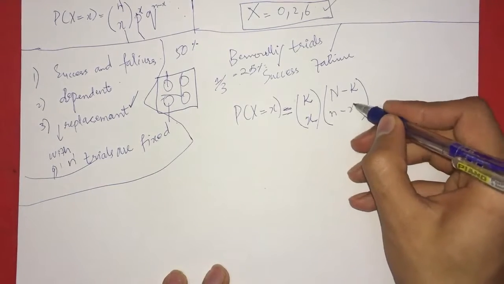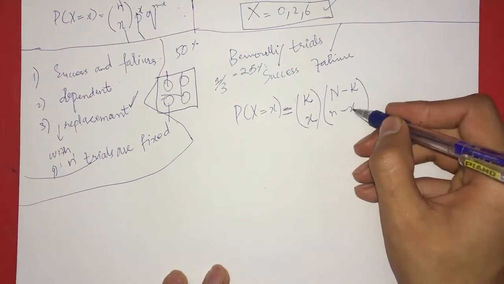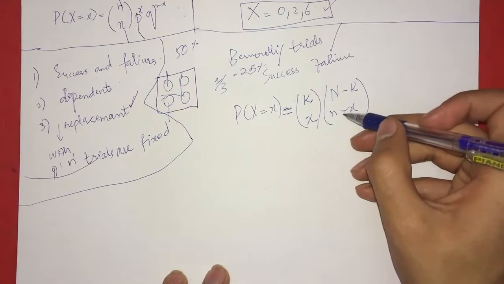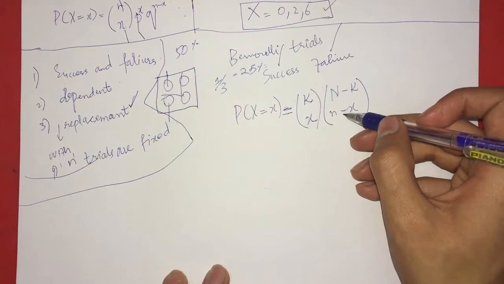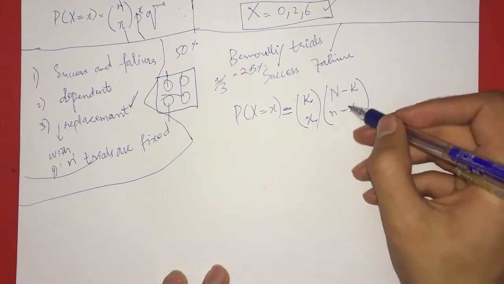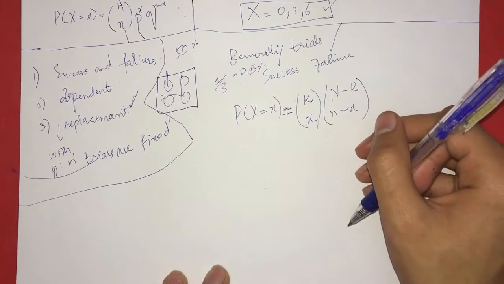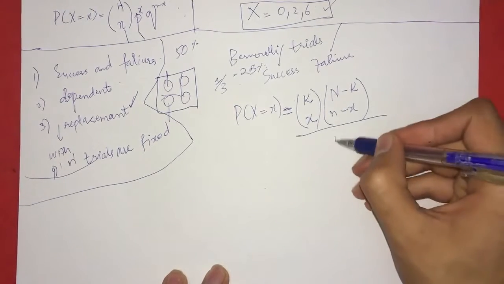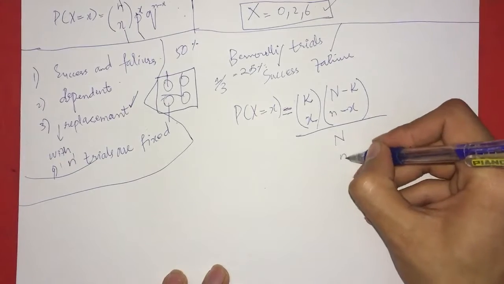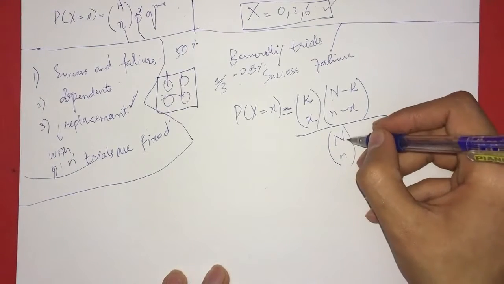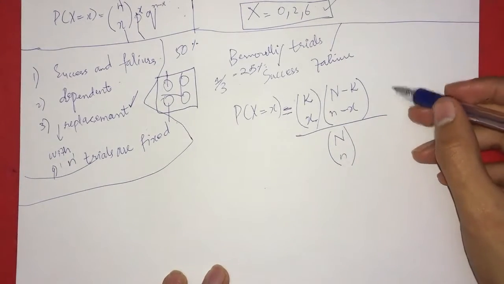And n minus x, n is your sample and x is your interested number of successes, so n minus x is going to leave you with the interested number of failures, divided by capital N choose small n, meaning total number of items choose sample.